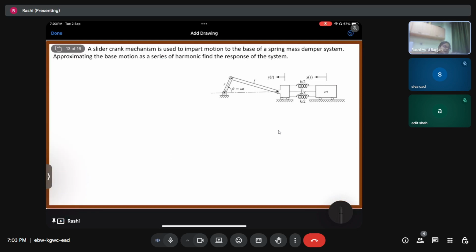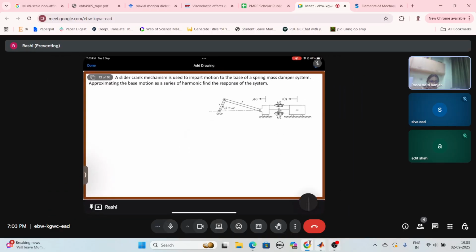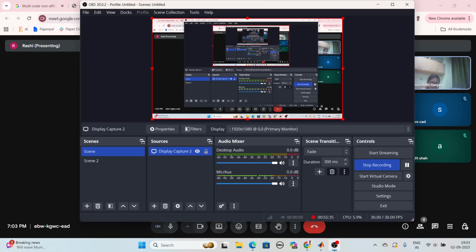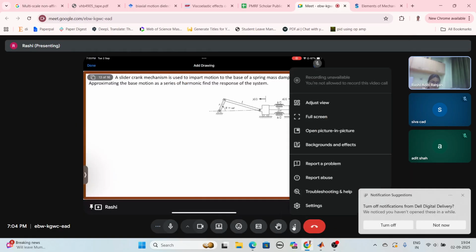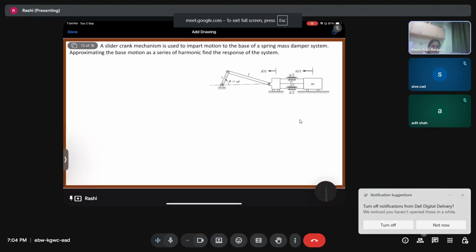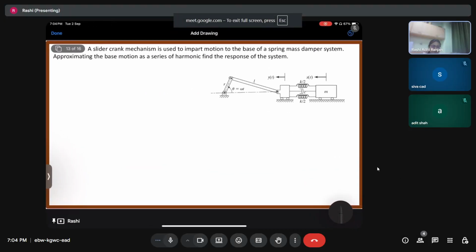Now, similarly, we have an application based question. If we have a slider crank mechanism of this type, and this slider crank mechanism is connected to the mass through a spring and a dashpot, the y motion of the slider crank is going to act as a base excitation for the mass.